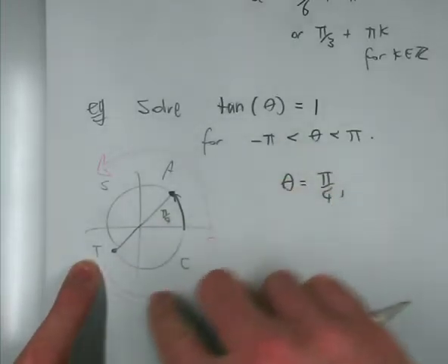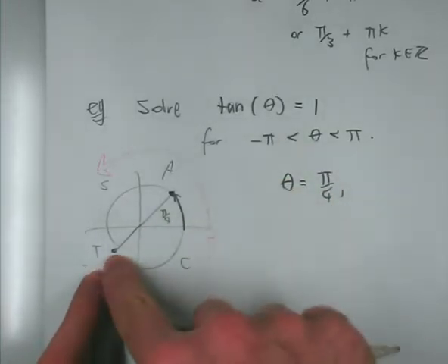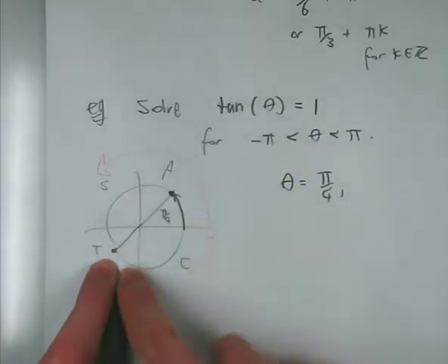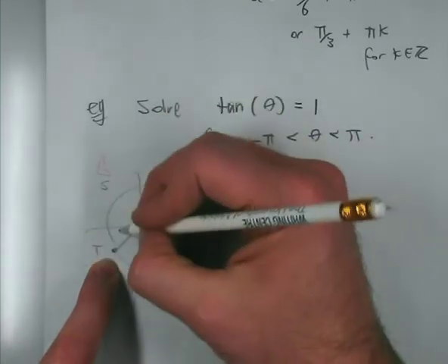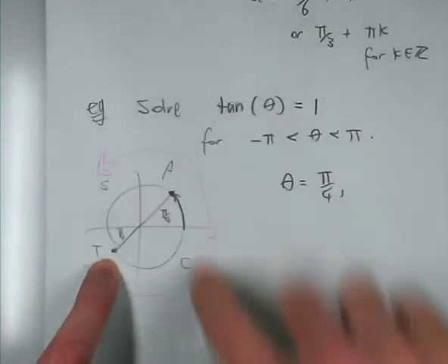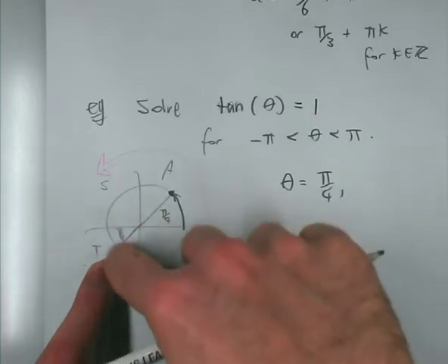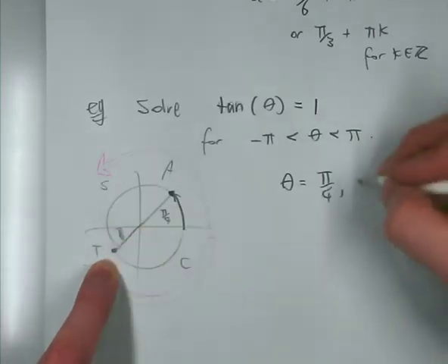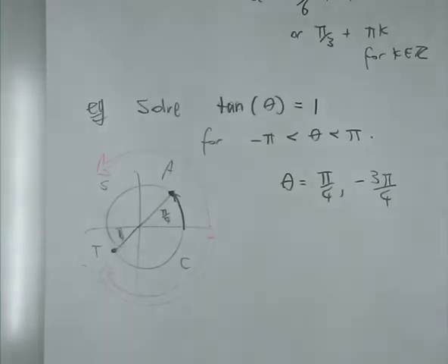The point in this bottom half goes this way, so it's going to be minus something, and that's pi on 4 down here as well. That's the same angle, so that must be 1/4 of pi. That must be 3/4 of pi, so minus 3 pi on 4. And that's it. There are 2 answers.